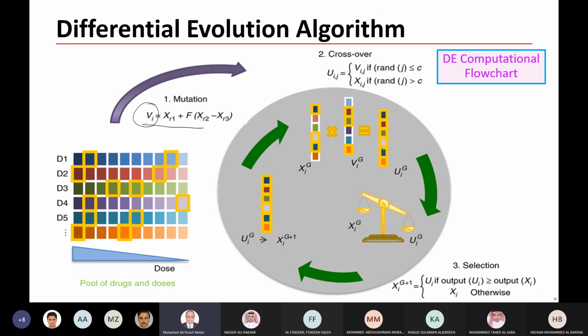You have this trial solution, and you compare. This is one, and then you circulate all over until you finish the number of population, and then you start again with the mutation of this.